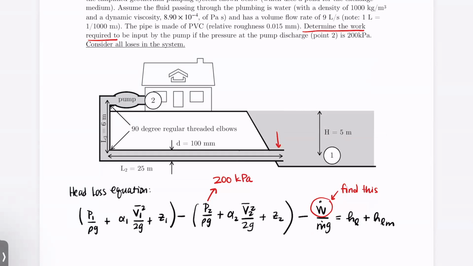It doesn't really matter. I am going to put it right here. So this is Z equals 0. All right, so I'm going to say Z1 is 0.